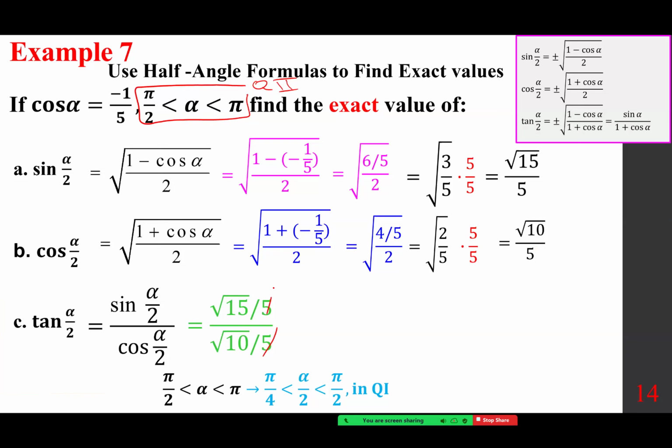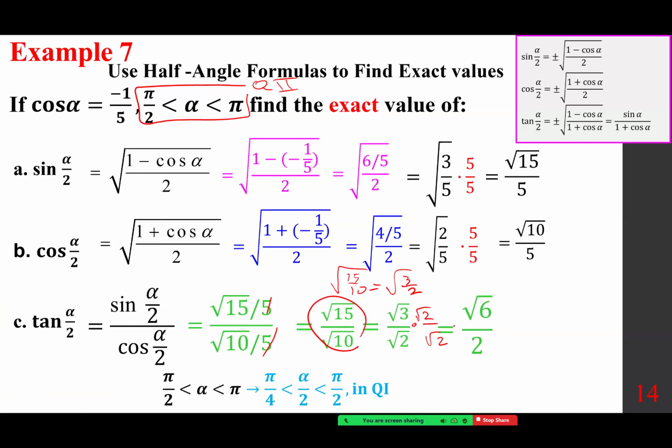You have a complex fraction, they have the same denominator. You can drop it: square root of 15 over square root of 10. And by the way, I hope you recognize you can put this under the same radical, becomes square root of 3 halves. And then you rationalize and you get square root of 6 over 2.